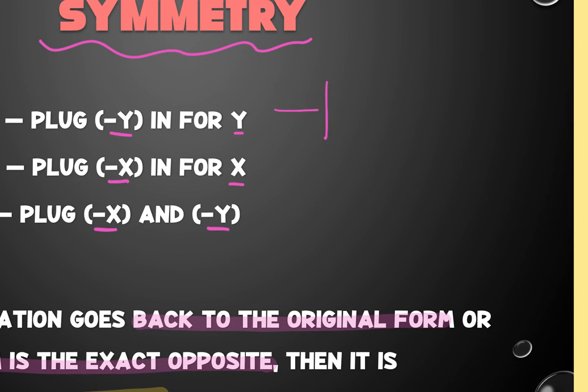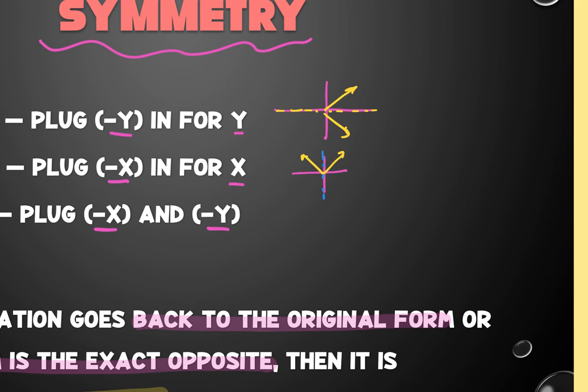So if my graph is symmetric to the x-axis, if I fold it along the x-axis, like an absolute value turned on its side to the right, this would be symmetric to the x-axis. If it's symmetric to the y-axis, then I would be able to fold it along the y-axis, so maybe an absolute value that's pointing up.